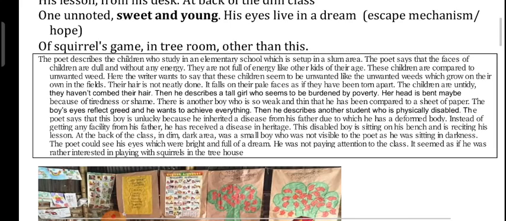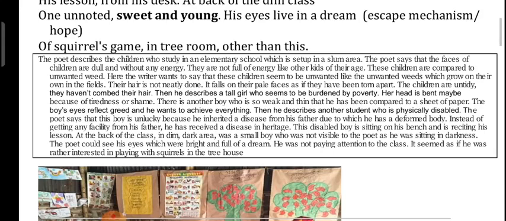Their hair is not neatly done. It falls on their pale faces as if they have been torn apart. The children are untidy. They haven't combed their hair. Then he describes a tall girl who seems to be burdened by poverty.